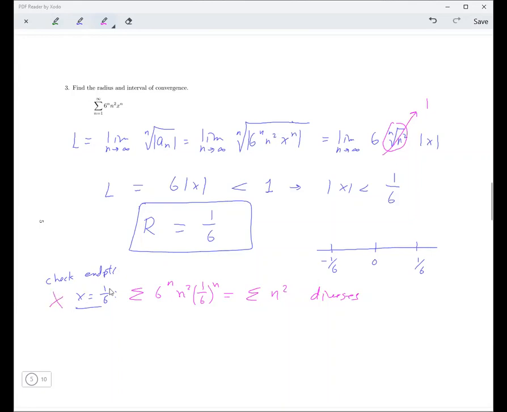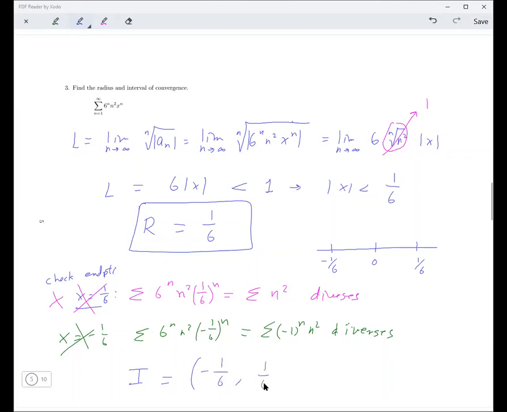So that means that this one's out. And then negative 1/6. That's going to give you negative 1 to the n squared, which also diverges. So that's out as well. So that means that your interval of convergence is going to be negative 1/6 to 1/6, not including either endpoint.